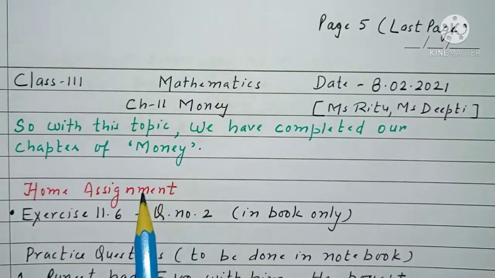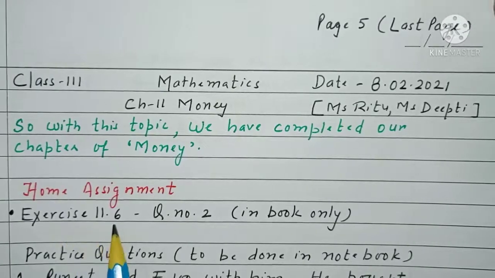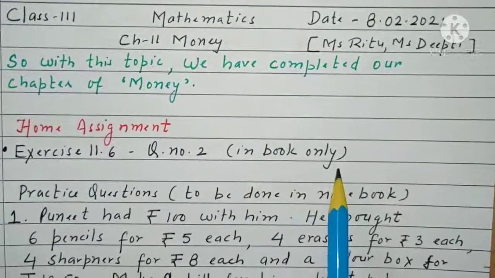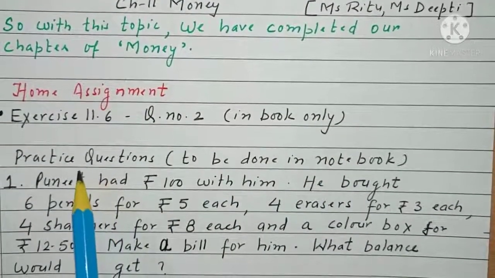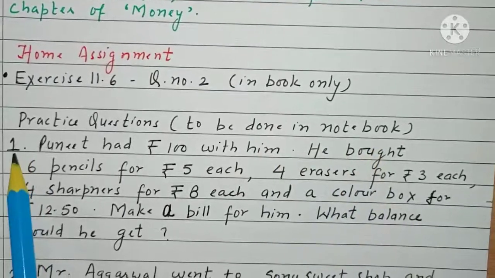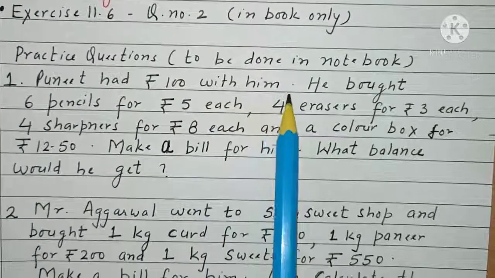Now, the home assignment questions are, first of all, do exercise 11.6, question number 2 in your book only. Then you have to do these two practice questions in your notebook. The question number 1 is, Punit had rupees 100 with him.